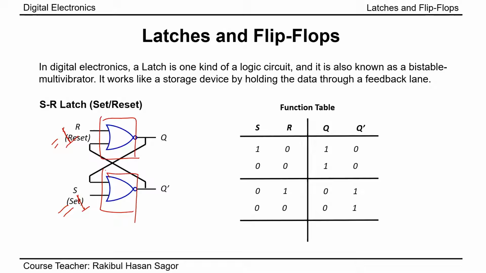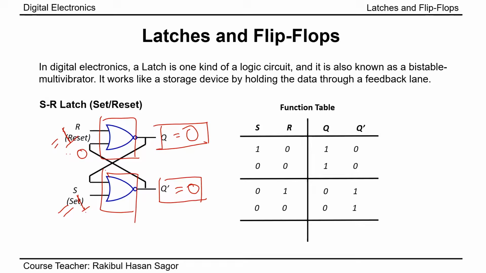So if I take the lower NOR gate first, one of the inputs of this NOR gate is 1, that means the definite output q prime is equal to 0. So if this q prime value is 0, this 0 will appear here, and another input is 1. I don't care about this input. Again, q will be equal to 0. We can see for input s equal to 1 and r equal to 1, we are getting q equal to 0 and q prime also equal to 0.